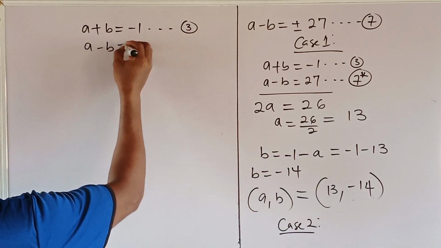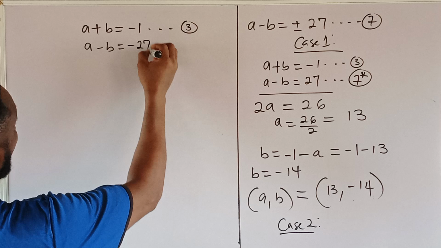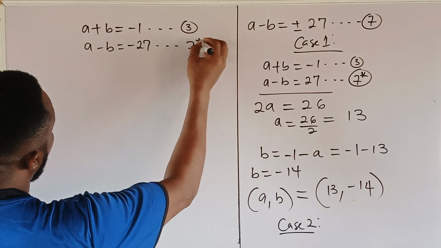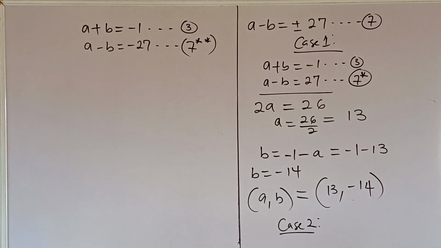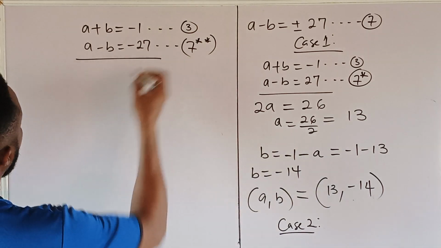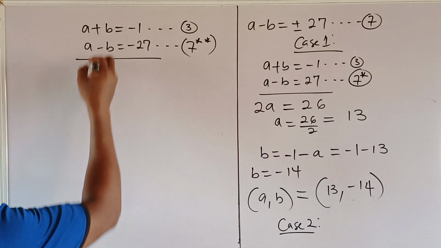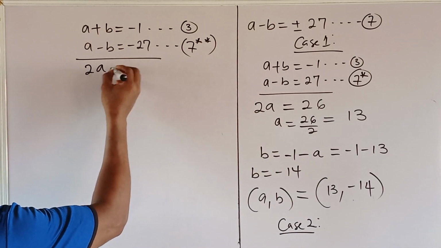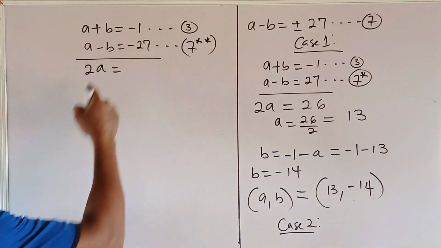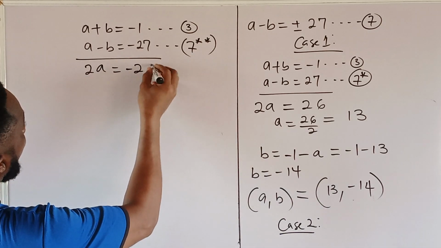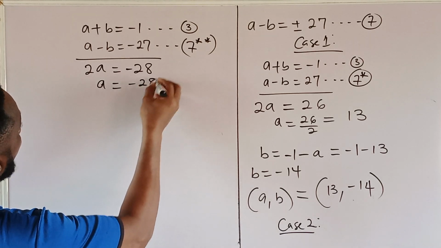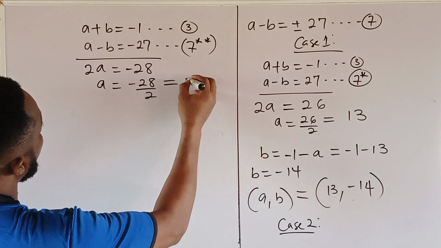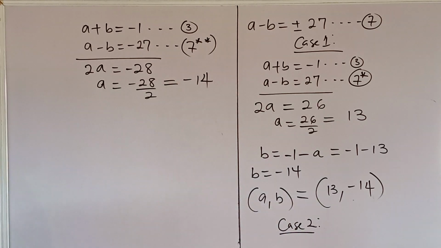Then a minus b will be negative 27, equation 7 double star. If we also add these two equations together, b will subtract out, 2a will be negative 1 added to negative 27, that will be negative 28. If I divide both sides by 2, that will be negative 28 over 2, which gives us negative 14. So the value of a is negative 14.